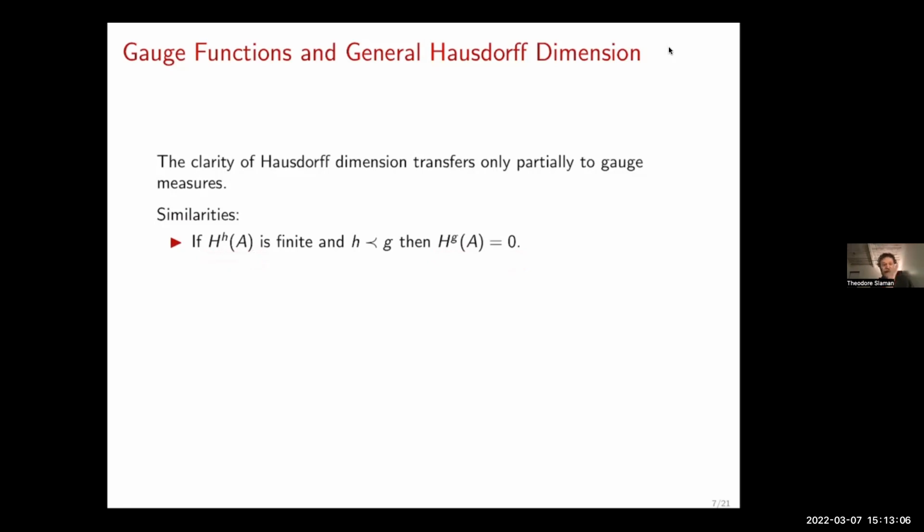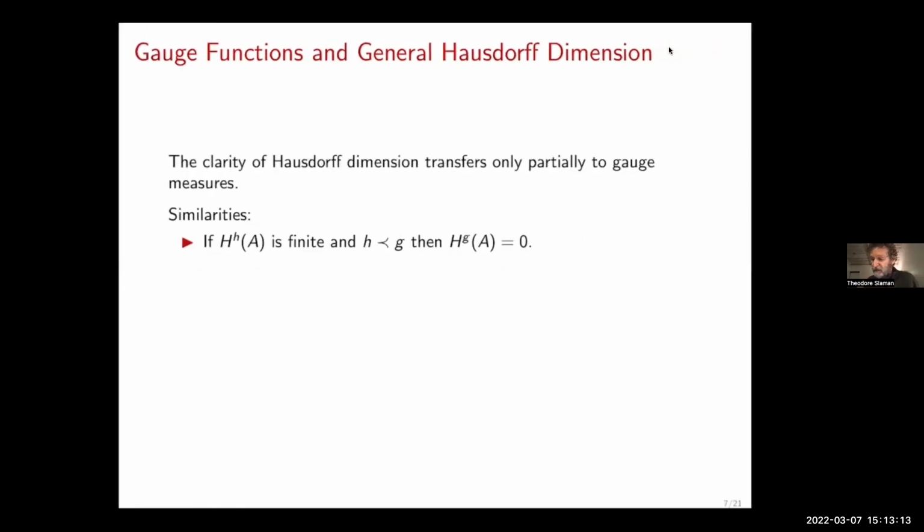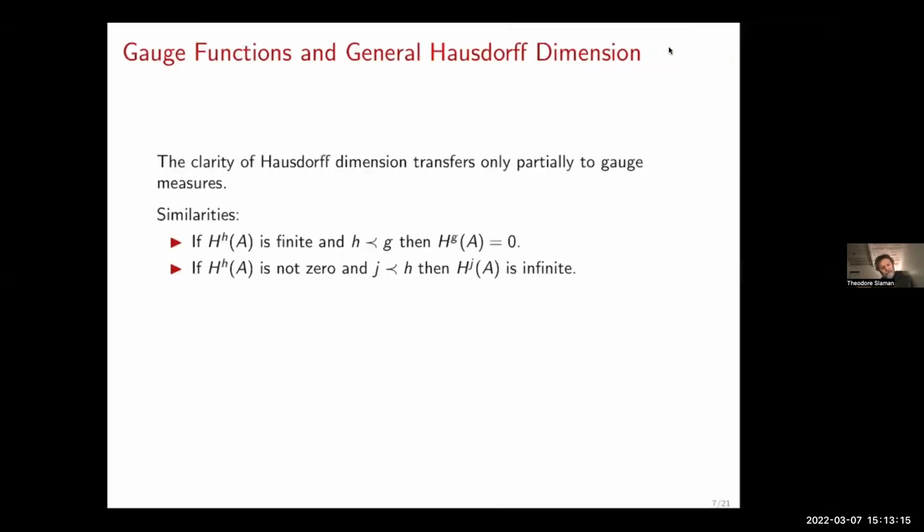So if the outer measure is finite, then it becomes identically 0 afterwards. And similarly, if the outer measure is not 0, then for the J's to the left, the HJ measure of A is infinite. So there is this situation where you can go from infinite to finite to 0, just like in the case of classical Hausdorff dimension.